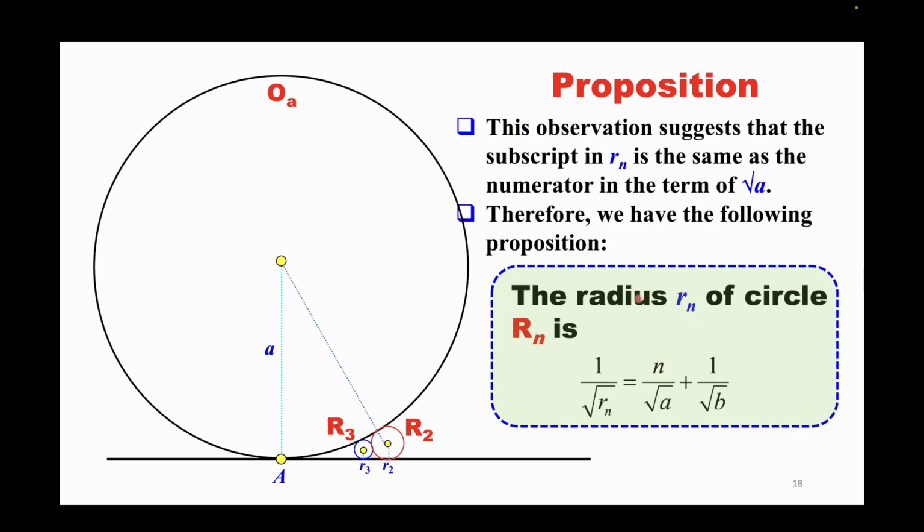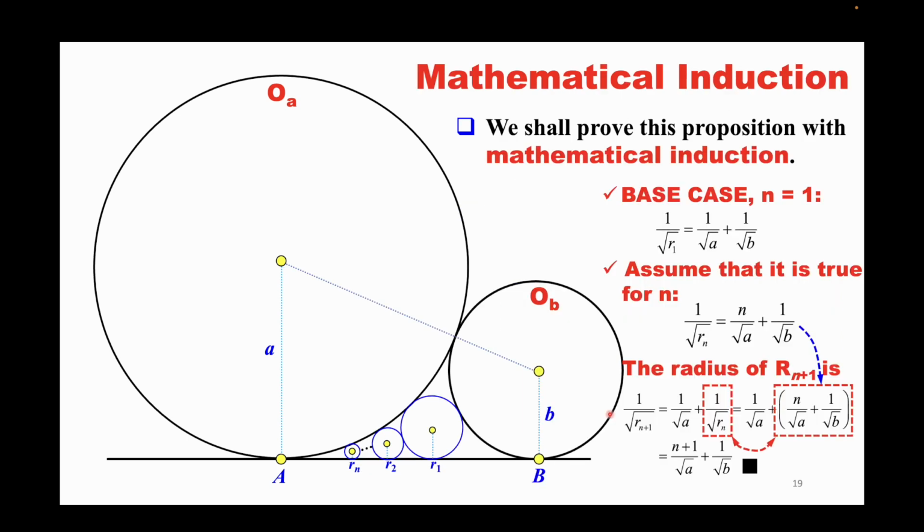So we make an assumption that for a circle Rn, its radius would satisfy this relation, with n here and n here. How do we prove it? Of course, if you have a sequence like that, mathematical induction is the most natural way.